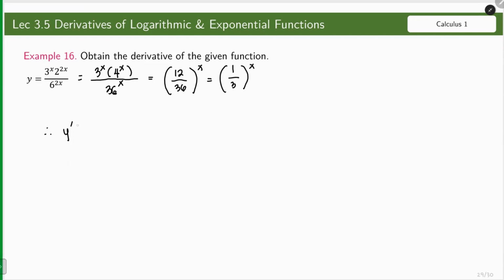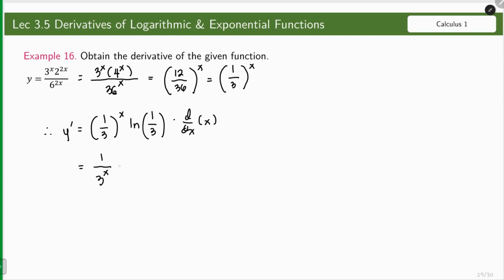Therefore, y prime is equal to, copy, 1 over 3 raised to x, and then ln of 1/3, and then times the derivative of x with respect to x. This is now our answer. But if you still want to simplify this, we can actually express this as 1 over 3 raised to x.